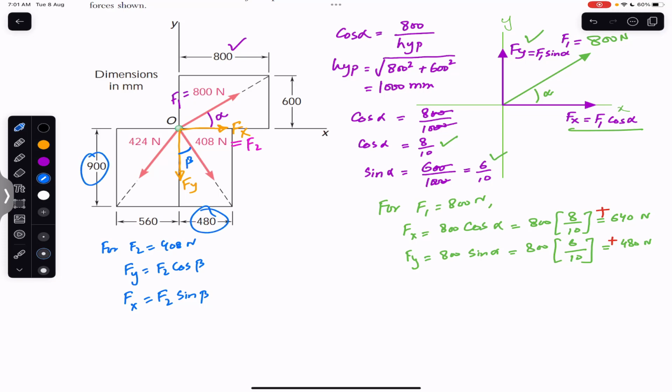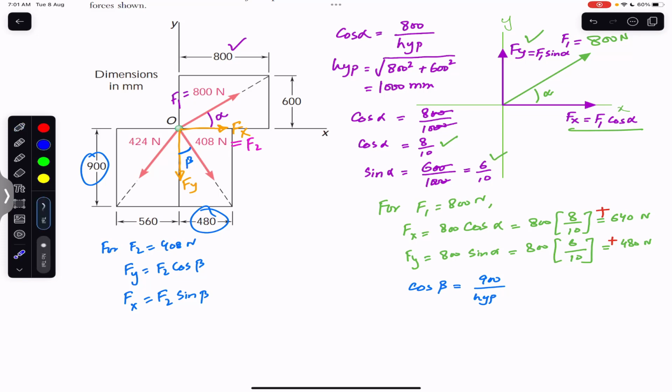Now we have to find the cos of beta and sine of beta using these dimensions, using these lengths. So again we can consider this right angle triangle and this is that angle beta. So cos of beta will be this base divided by the hypotenuse. So this is the base, this is the hypotenuse. So cos of beta is the base, which is 900, divided by the hypotenuse.